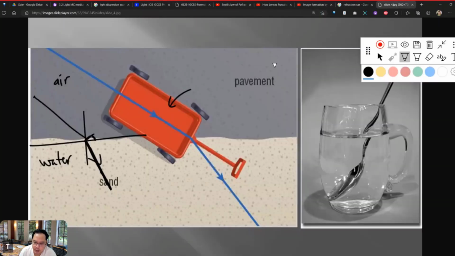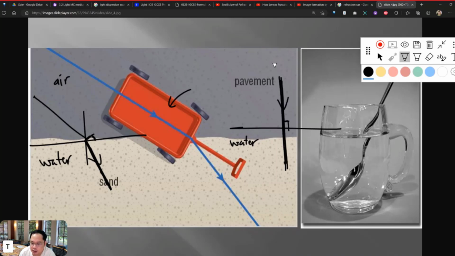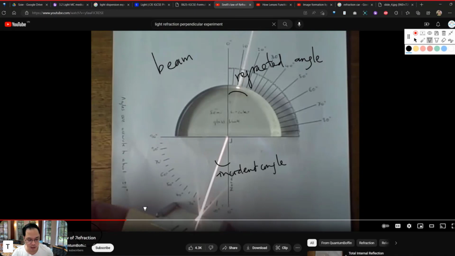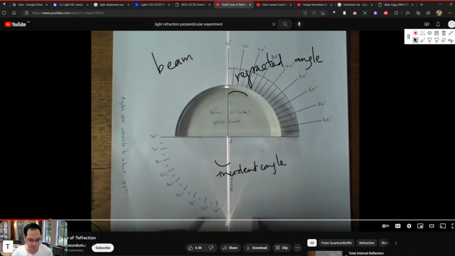So when the light ray enters the water region at a perpendicular angle, all the waves, all the components have the same velocity, and all of them slow down at the same rate. They travel at the same rate, and therefore they go straight without bending. In this experiment here, the light goes straight when it is perpendicular to the boundary here.